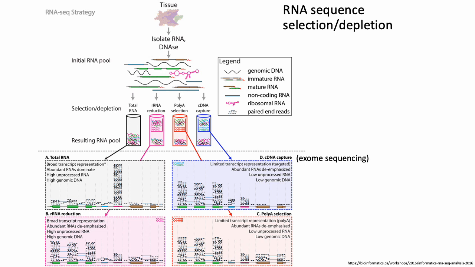And so another application of cDNA capture is basically when you have a lot of heavy degradation of RNA from fixed samples. In those cases, this approach is more sensitive to picking up transcripts than general poly A RNA sequencing.